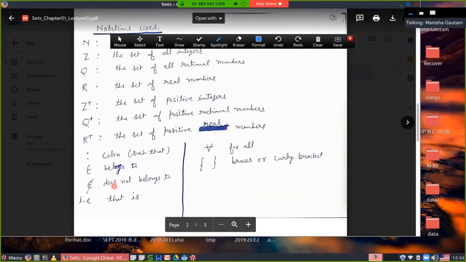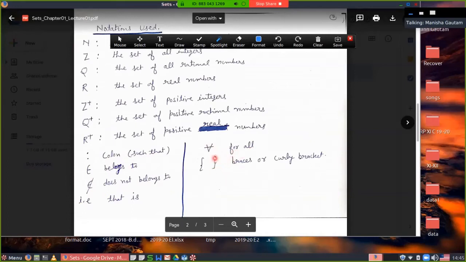Sometimes we use notations like the colon sign, which we read as such that. The epsilon sign is read as belongs to. Epsilon crossed by a line is read as does not belong to. i.e. means that is, and the symbol for all crossed by a line is read as for all elements.